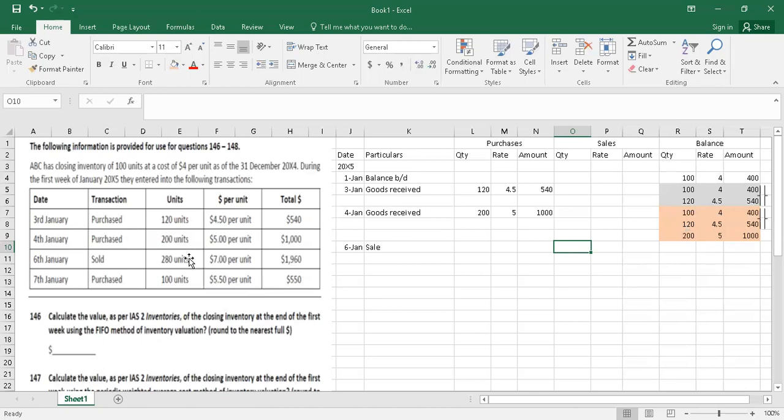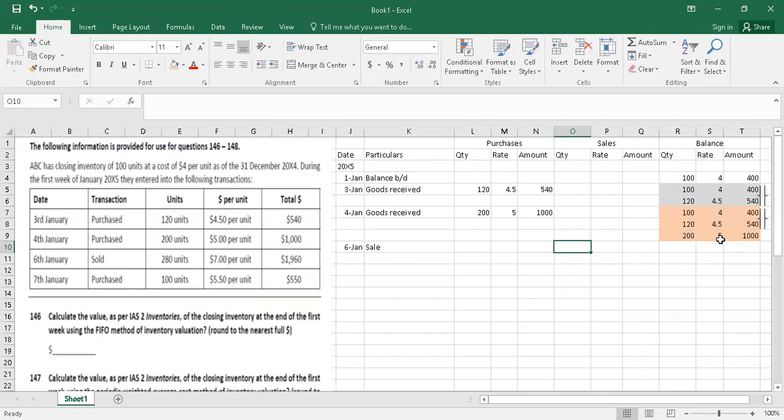If 280 units are sold, what is the cost of those units? What cost should be assigned? The cost value of the units sold has to be accounted for, because when they were received, three different lots had three different prices.